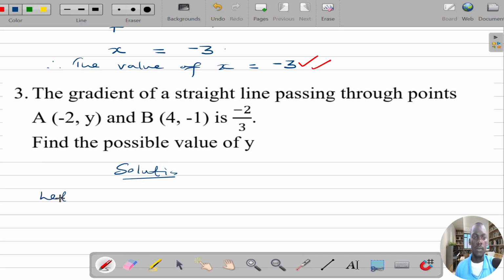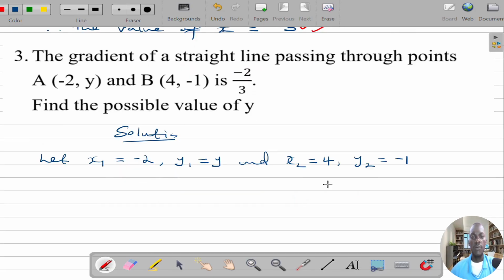Still, we let our x1 be equal to -2, automatically y1 becomes our y, and x2 is equal to 4, automatically our y2 becomes -1.